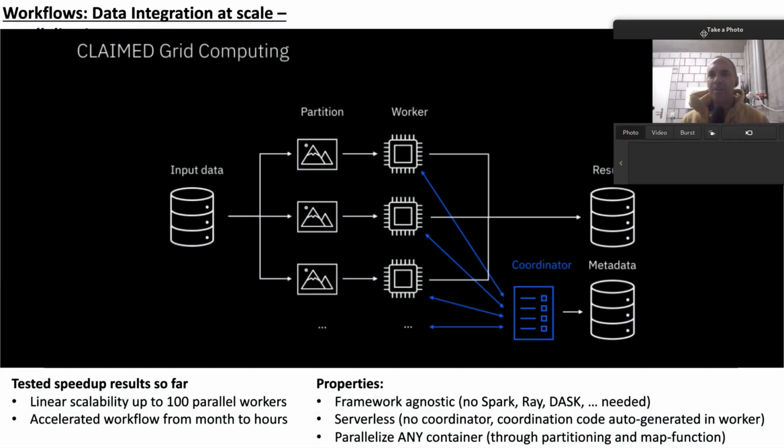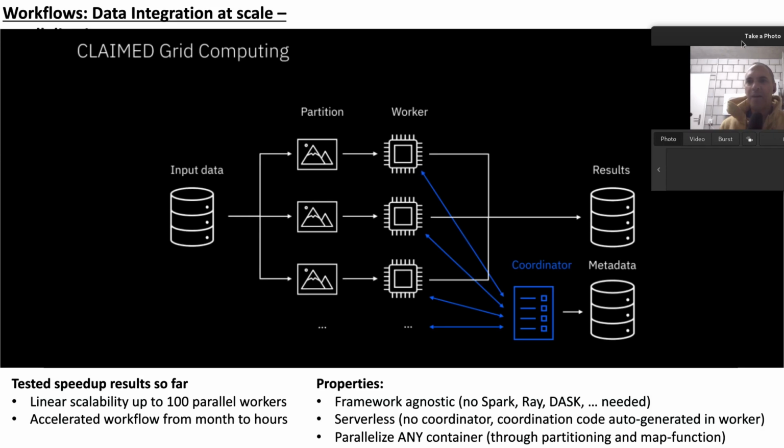Okay, so what happens as well is we create a grid computing mechanism on top of all the components or tasks we generate. That's basically done via a decorator pattern.